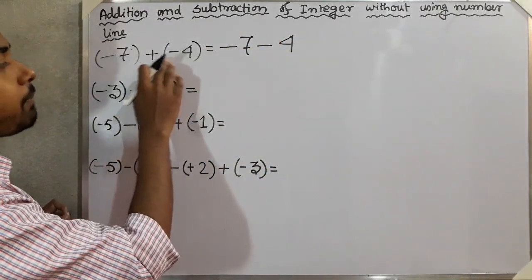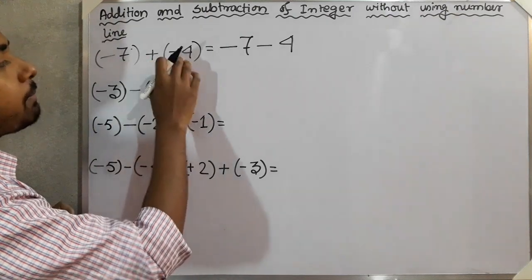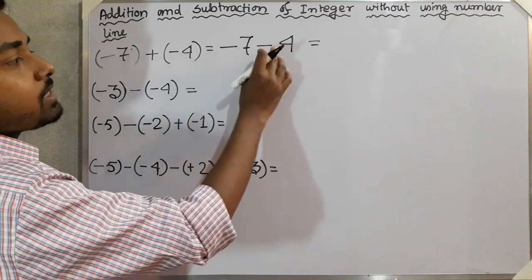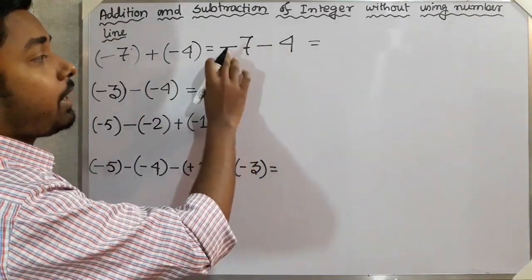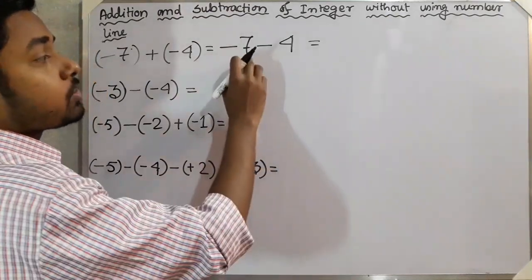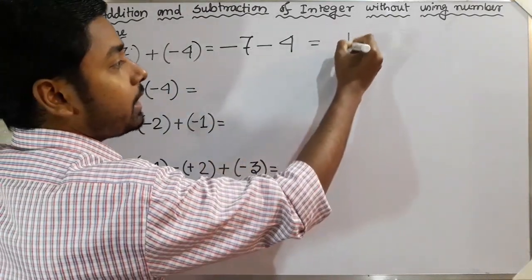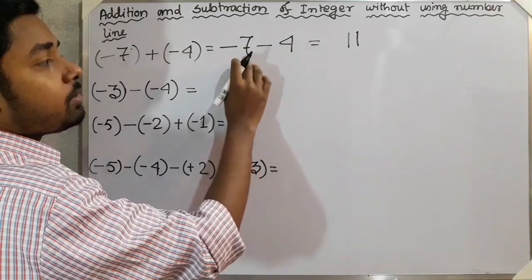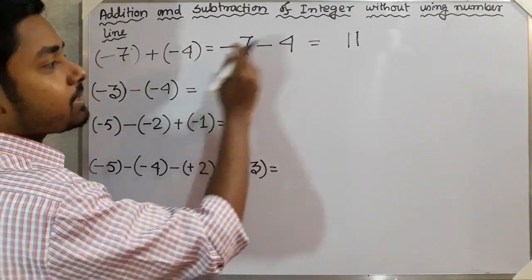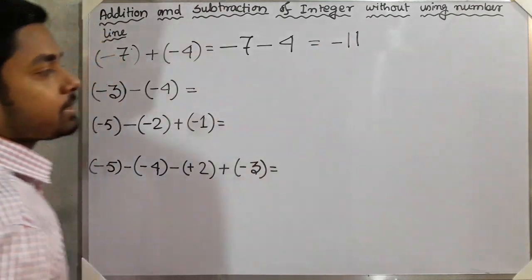Whenever we multiply the symbols, the bracket will be removed. Now minus into minus equals plus. That means we have to do plus. So 7 plus 4 equals 11. Now between these two numbers, 7 is the greatest, and before 7 it has a minus sign. So here will be a minus sign.